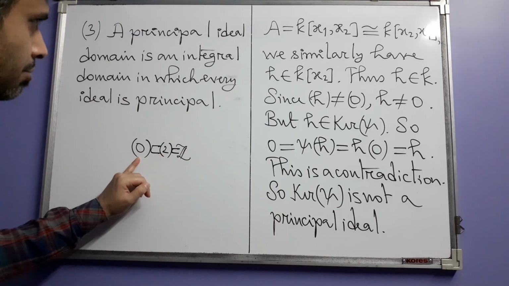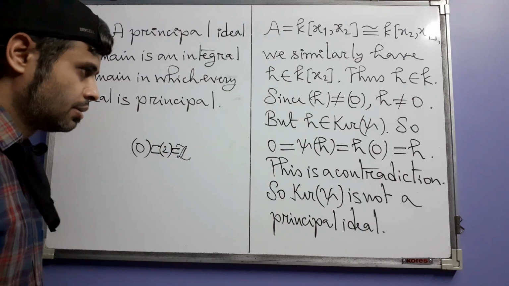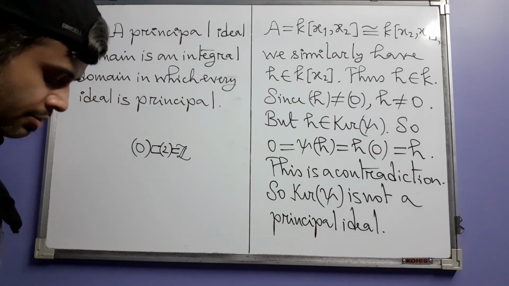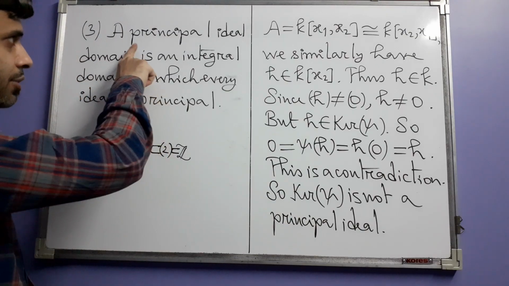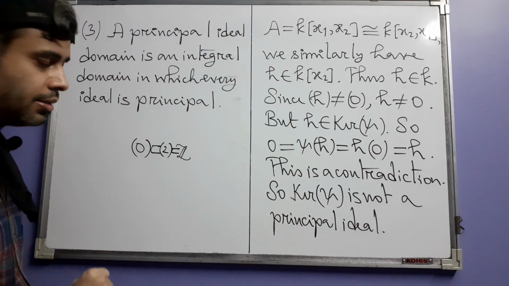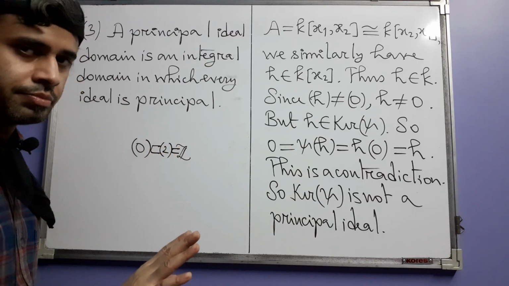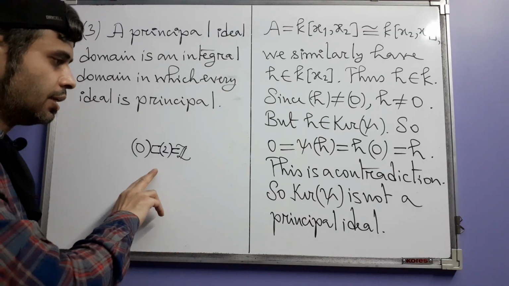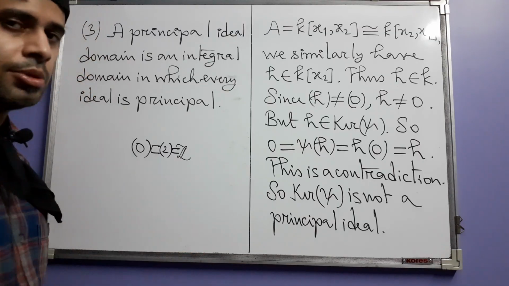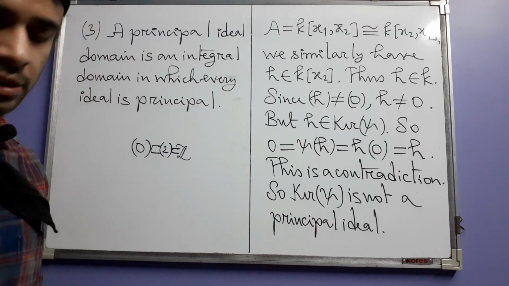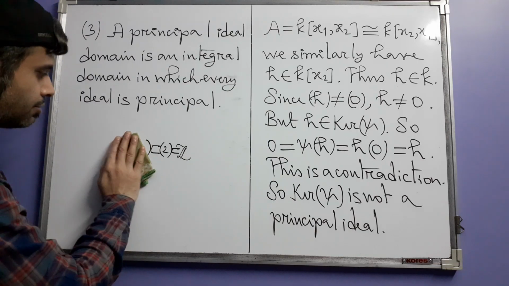So this is not maximal, but this is prime. However, if the ring is a principal ideal ring and the ideal you are considering is not 0, then if it is prime, then it will also be maximal. In this case, the converse is true. Let us see how.